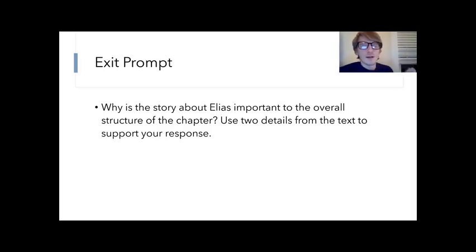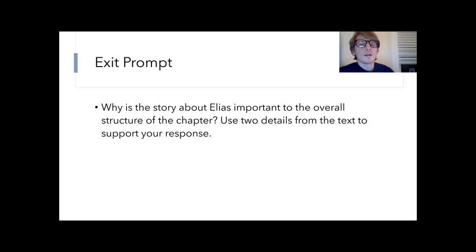So this story about Elias is an anecdote. So we need to find out how this anecdote about Elias connects to the author's overall argument and why the author uses this story about Elias. Like I said earlier, an anecdote is a technique that nonfiction authors use to demonstrate their main idea, and an anecdote is a short personal story.